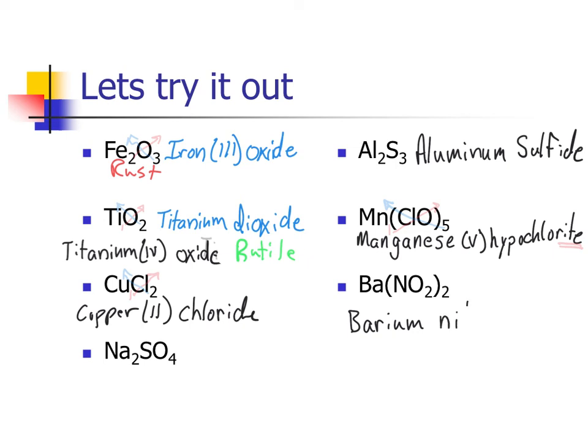And this one we need to be very careful to read carefully, in that it's nitrite. Nitrate is a little bit more common, but it has one more oxygen on it. So it's barium nitrite.